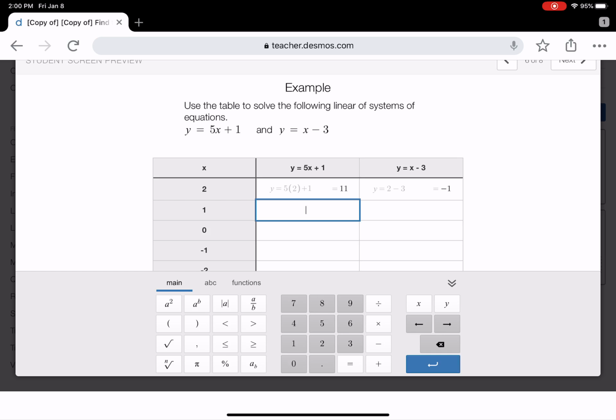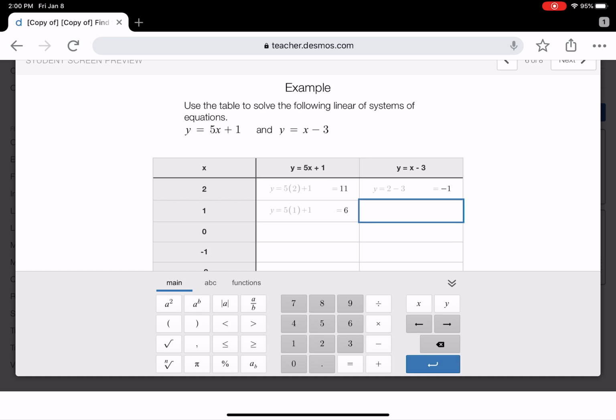For x equals 1, we say y equals 5 times 1 plus 1 and we press enter. 5 times 1 is 5, plus 1 equals 6.